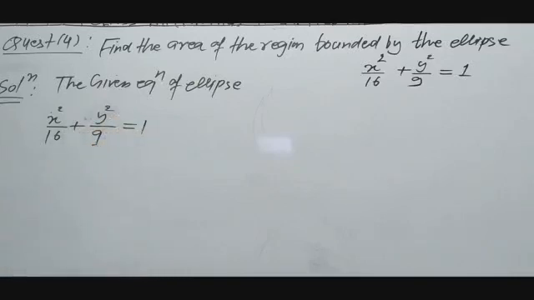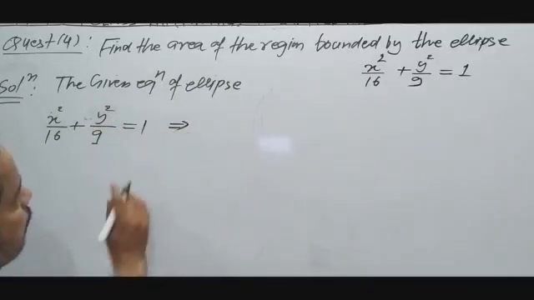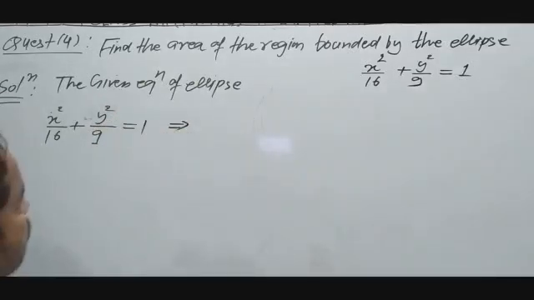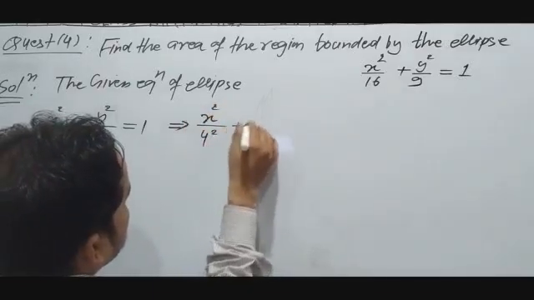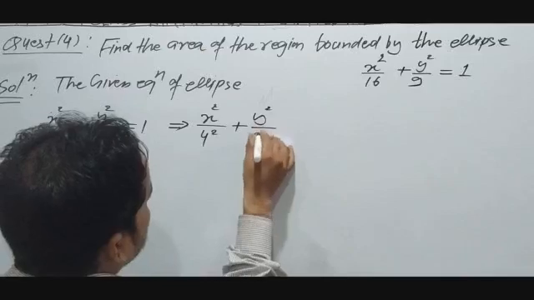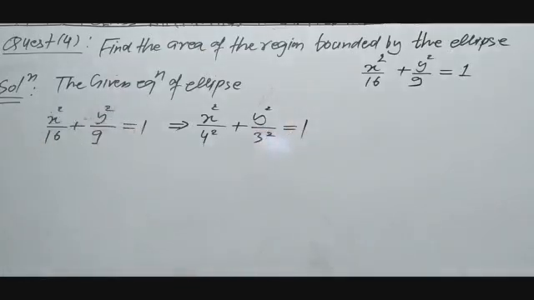And what is its terminology? This implies we can write x square by 4 square plus y square by 3 square is equal to 1. And I am going to write its terminologies.